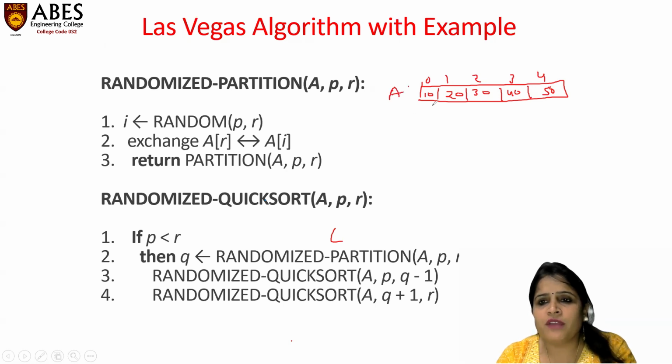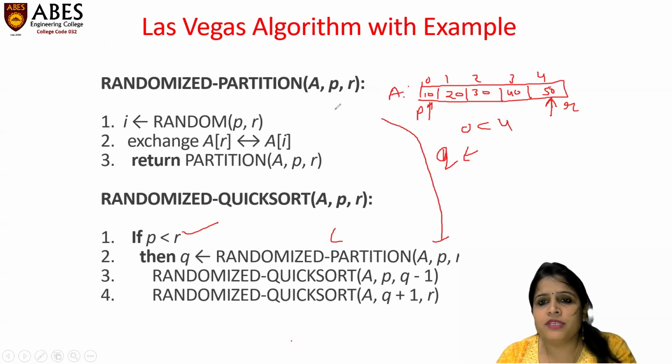Here 0 represents the starting index P and 4 represents the ending index R. First we check if 0 is less than or equal to 4. The condition is true. Then we call randomized partition here, not the normal partition.